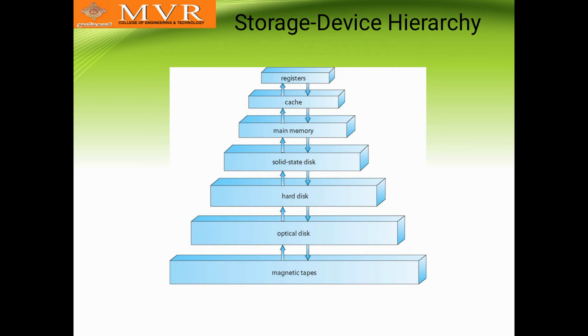Optical disk has more memory and low cost. Hard disk also has high memory and low cost, and solid state also has high memory and low cost. So compared to all these, magnetic tapes have less memory space and high cost. For that reason, nowadays magnetic tapes are not used like the others.